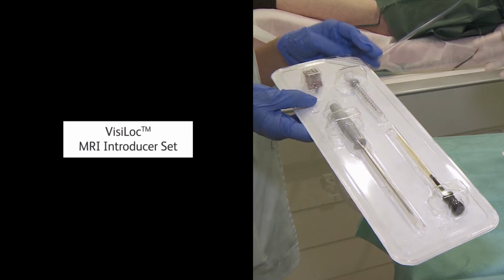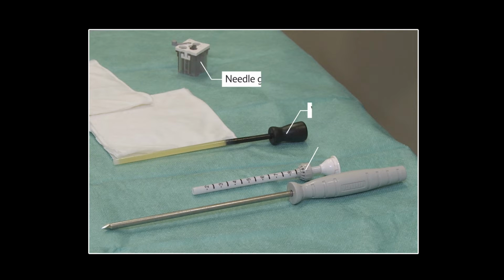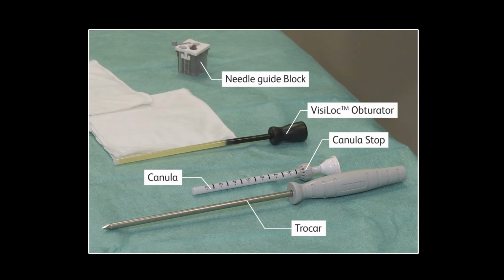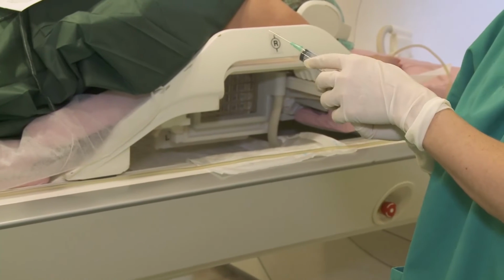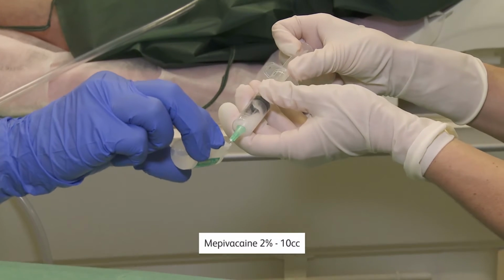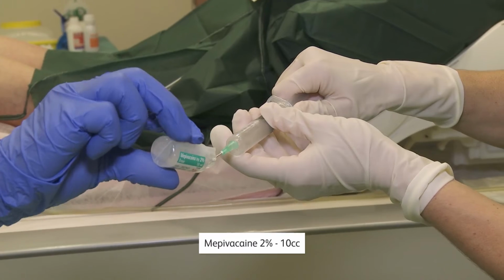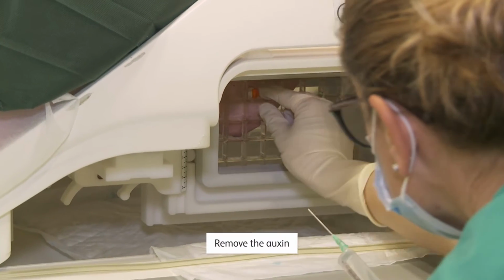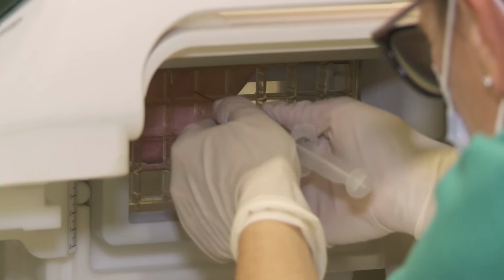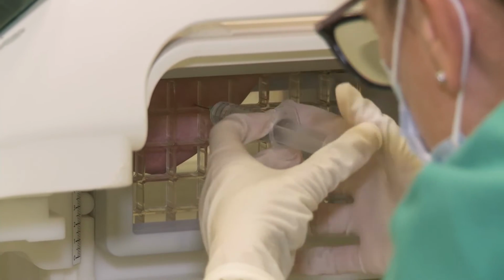The VisiLock MRI introducer kit and the anesthesia are prepared. The fiducial marker is removed and anesthesia is introduced at square 11 D1 coordinates.